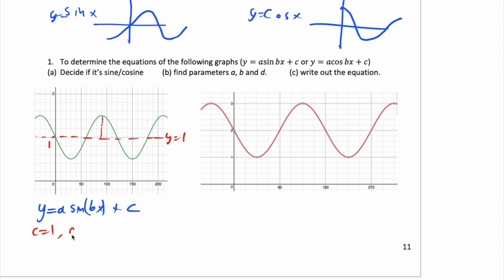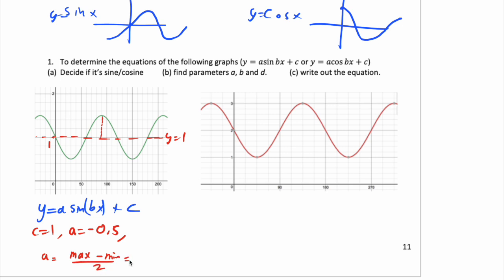Okay, now be careful, because it could be negative, so let's look at the context. This is flipped over. Normally sine goes up and then down. This is down, then up. It's reflected over the principal axis, so actually the a value is negative 0.5. And you could also do the a value equals max minus min divided by 2, right?